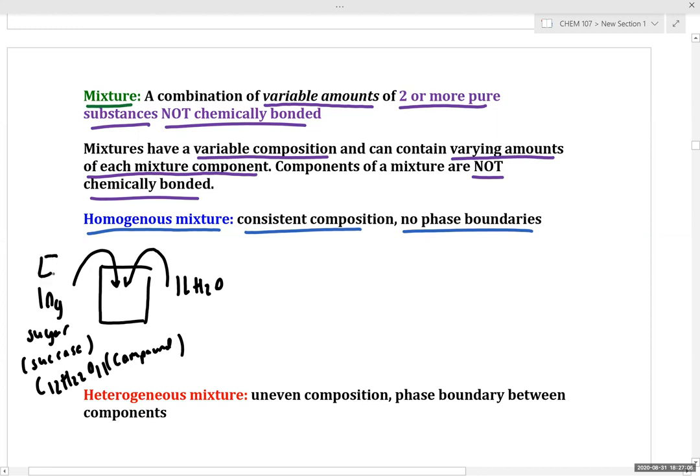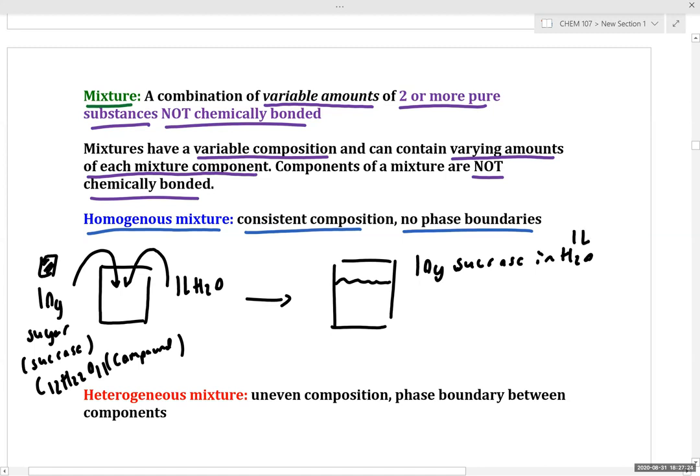As we mix our sugar with water, if we let it settle, what we will see is a nice clear solution of 10 grams of sucrose in 1 liter of water. Now, the key features of a homogeneous solution is that if we look at our solution, it is perfectly clear. There is no visible solid.